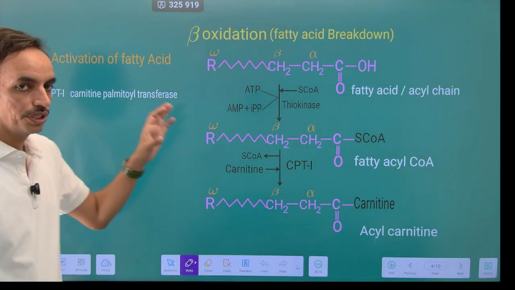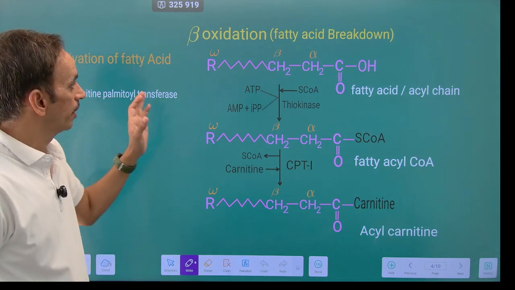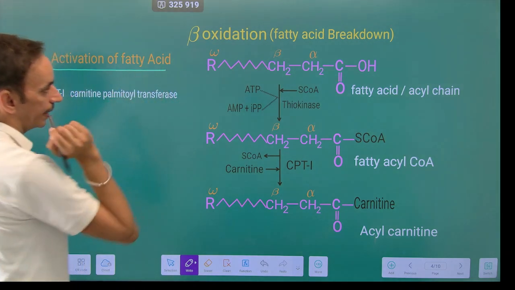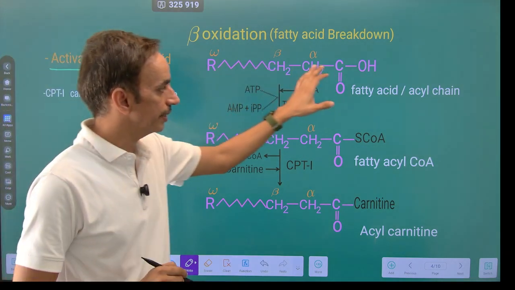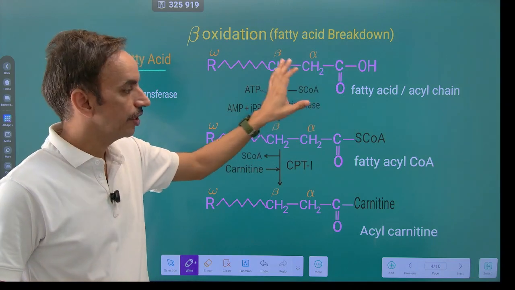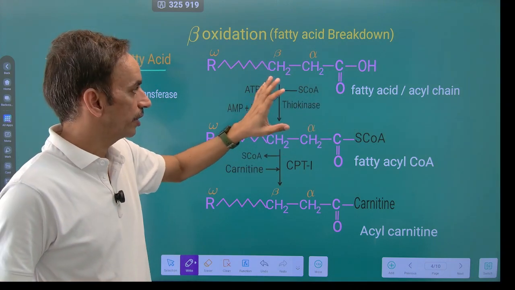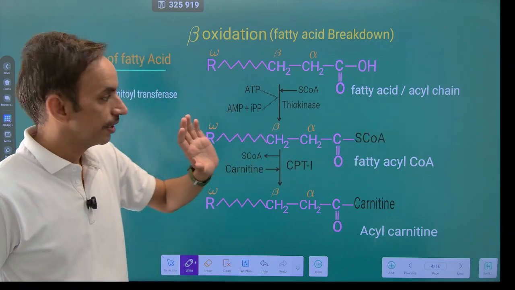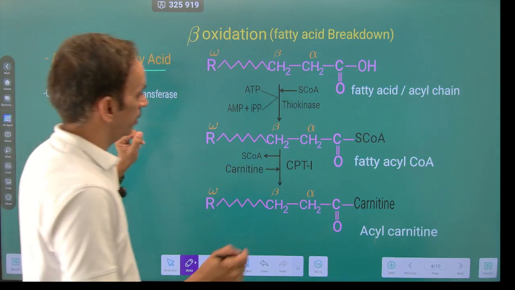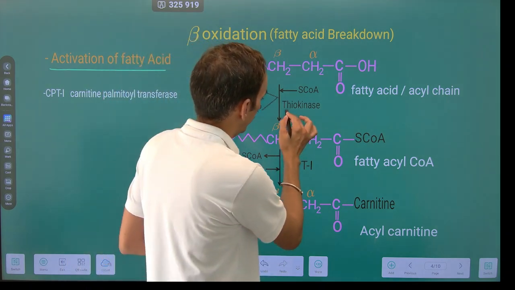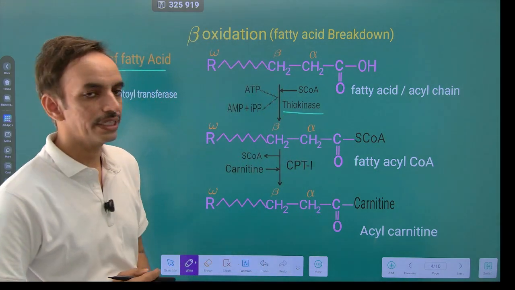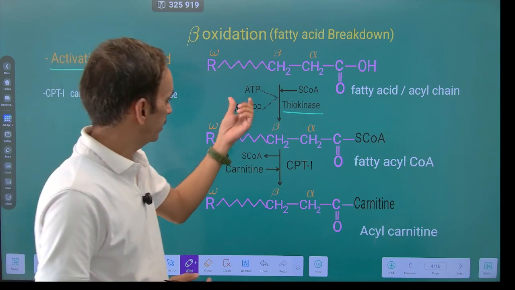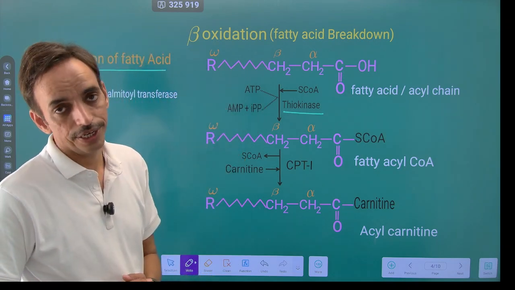If we talk about the procedure of beta oxidation, the first step is the activation of a fatty acid. It is simply the structure of an acyl chain, or the fatty acid, having more than 2 carbons, or we can say n number of carbons. It is known as an acyl chain. The first reaction, the activation, is carried out by an enzyme known as thiokinase. Whenever thiokinase is involved, there is a utilization of ATP.